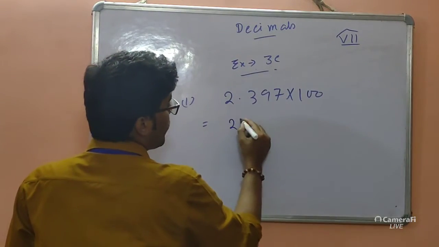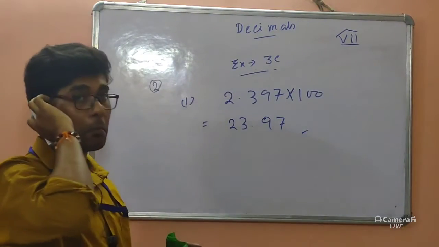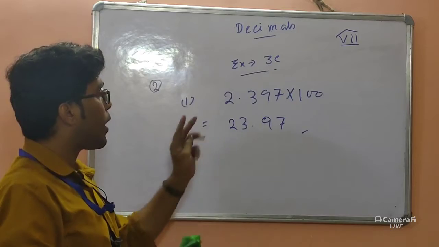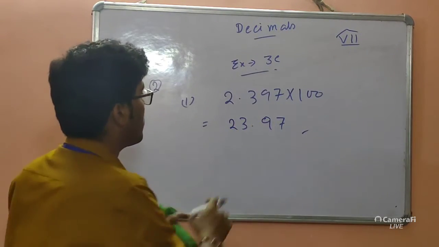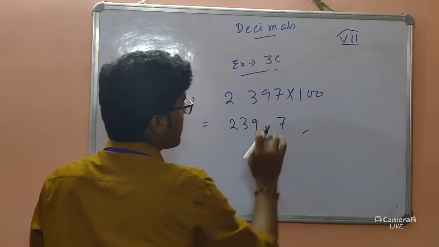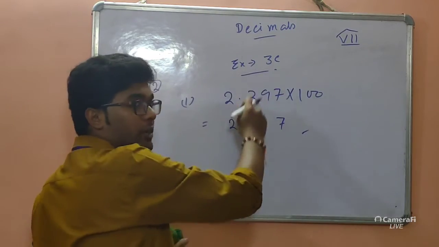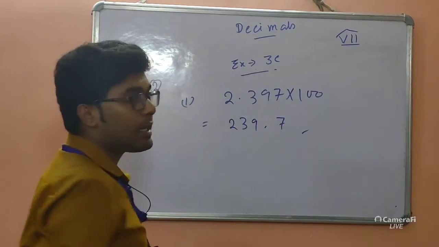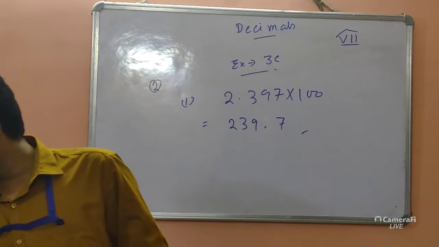So it will be 23.97. Clear? The point will shift 2 places rightwards. Clear? The point is here, it will shift 2 places. So after 39 there will be the point. So 239.7. Clear?